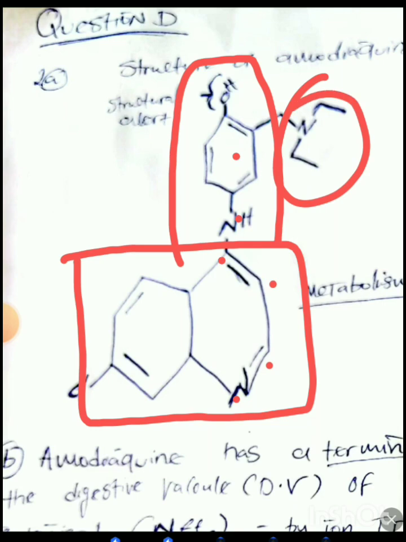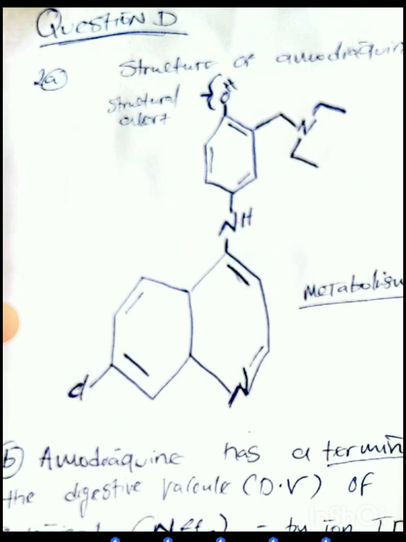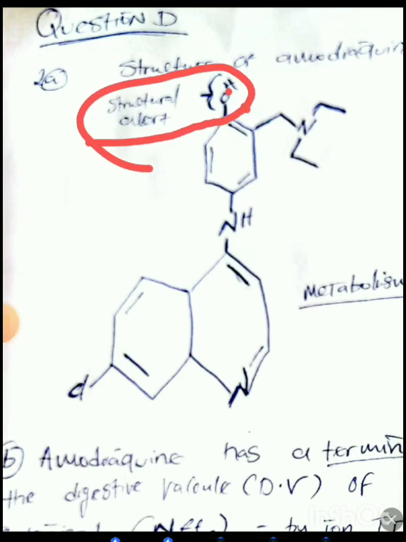On this structure, toxicity can arise. Toxicity is as a result of this structural alert here. This hydroxyl is able to undergo oxidation, and this hydrogen is able to be lost as a proton.